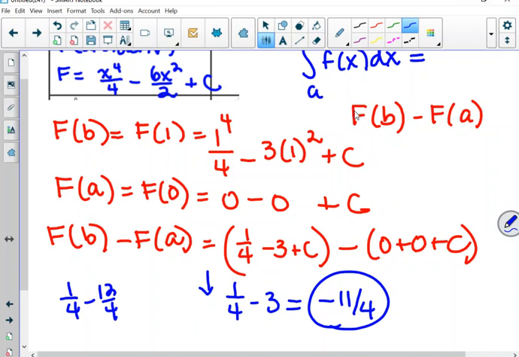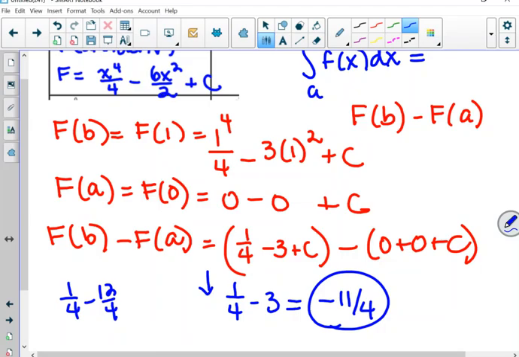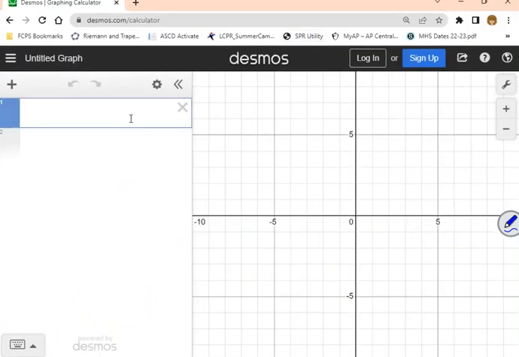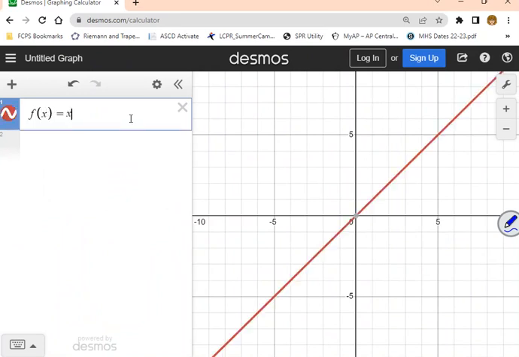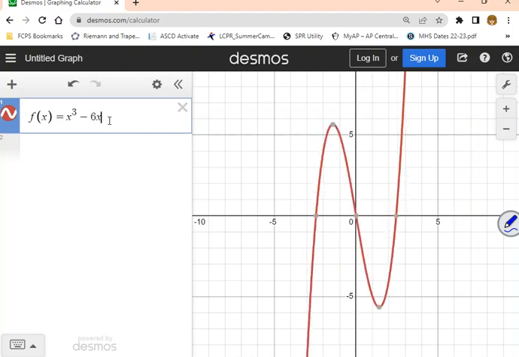Now, it might seem weird that it's negative. Okay. That's where the graph could help us. Oops, where'd my graph go? Oh, there he is. Desmos is over on my other screen. Come here, Mr. Desmos. Okay. So if I graph f of x equals, and this is the original function I'm graphing, not with a subscript, x cubed minus 6x.